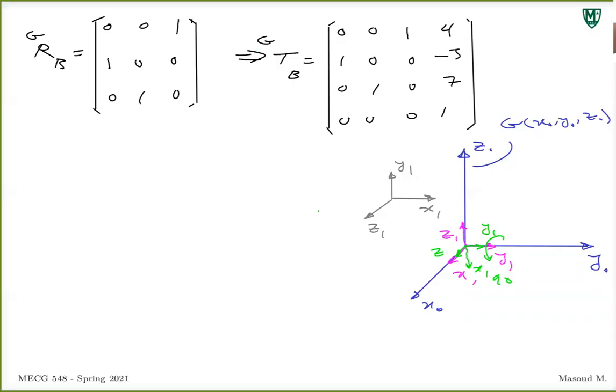Now in the new orientation, do another rotation about x naught, positive 90 degrees. I'll just draw it on the same one, being lazy. So x1 comes up, and y1 goes where z1 was.